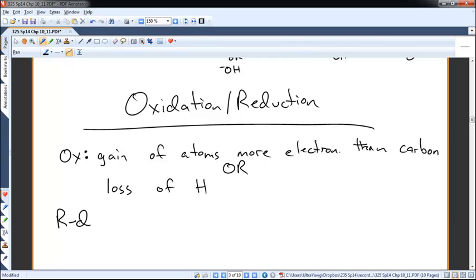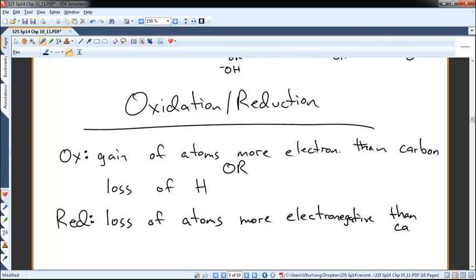And therefore reduction will be a loss of atoms that are more electronegative than carbon.